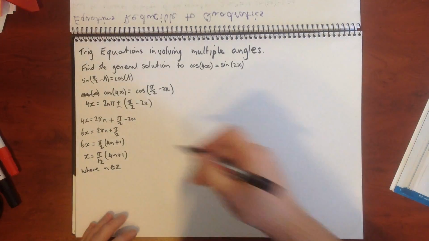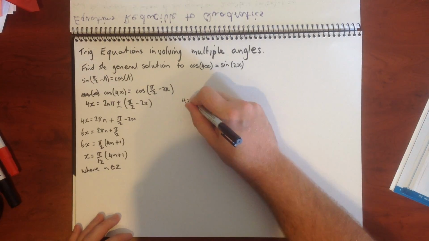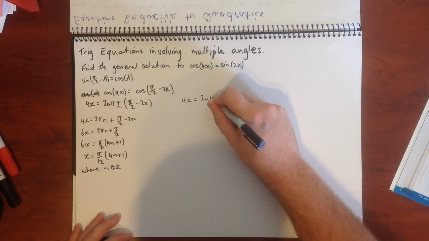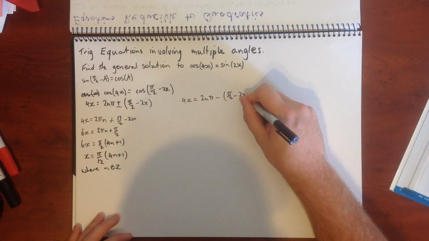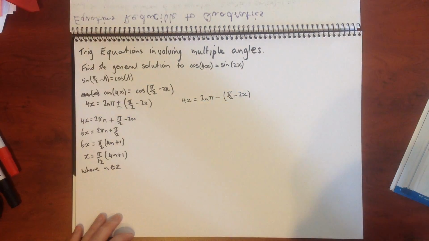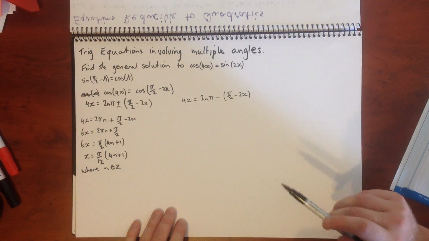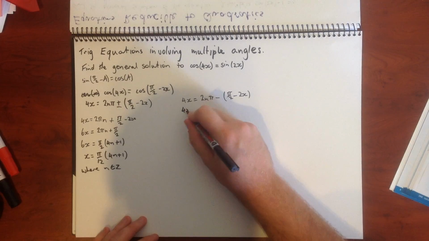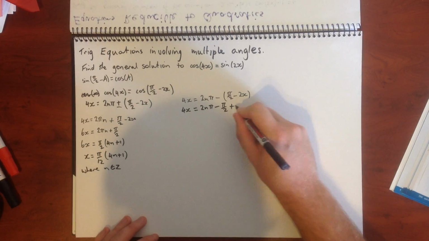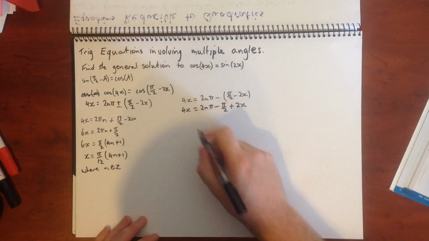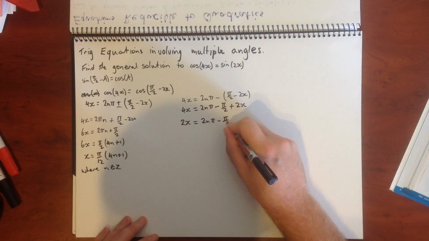And we can look at our other case where we're using the minus. So we're saying that we've got 4x equals 2n pi minus pi on 2 take 2x. Okay, I'm doing that deliberately because we need to make sure that we do our double negatives. Okay, to say that we've got 4x equals 2n pi minus pi on 2 plus 2x, which means we can take it away and leave us with 2x equaling 2n pi minus pi on 2.